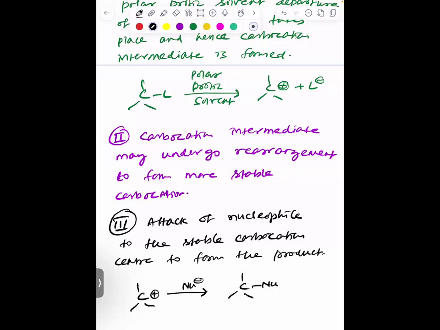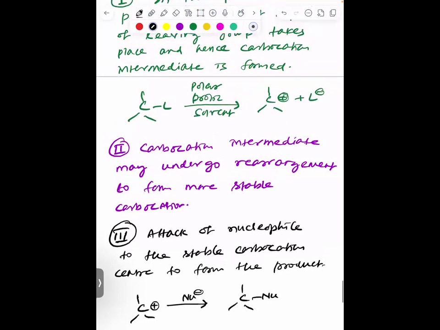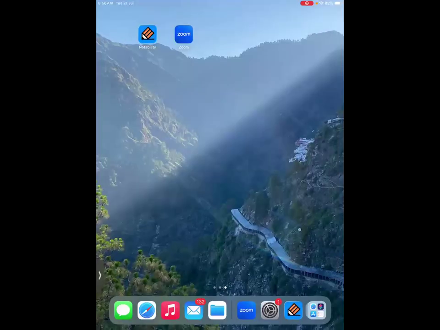Written? Okay. Students, after writing this, take the short break of 10 minutes. Then we will have detailed discussion, factors affecting SN1. Then we will discuss SN2 and factors affecting SN2. Okay. Take the short break.